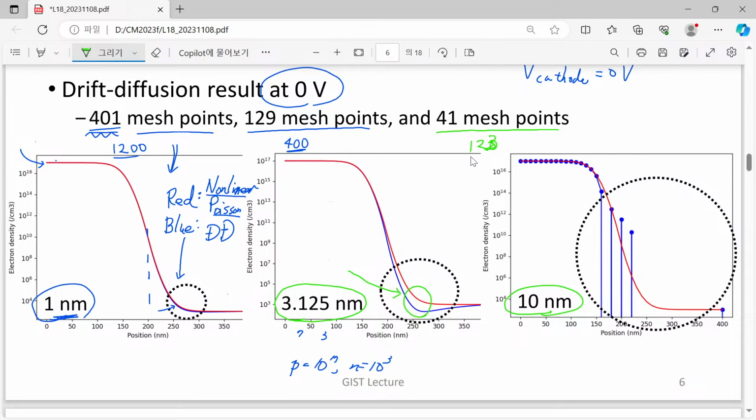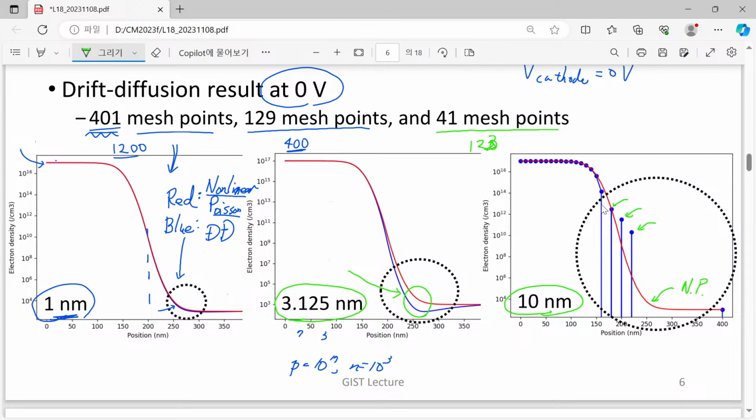But anyway, in this case, the nonlinear Poisson equation still looks perfect, but your drift diffusion result seems to be quite awful.